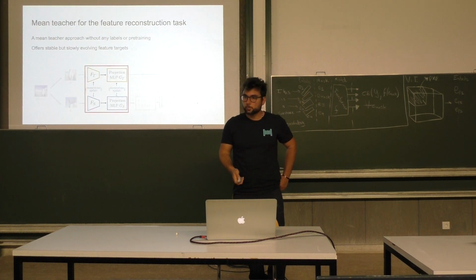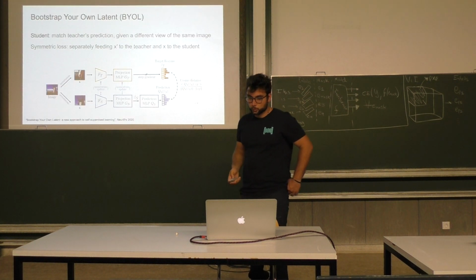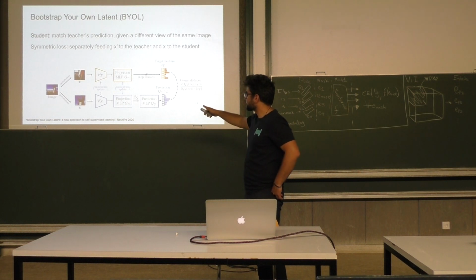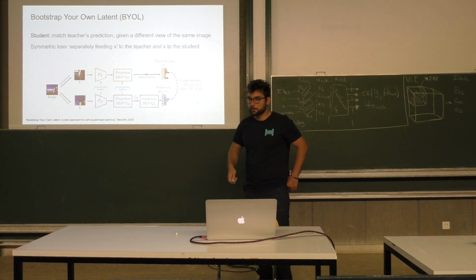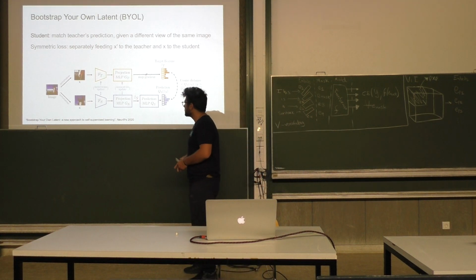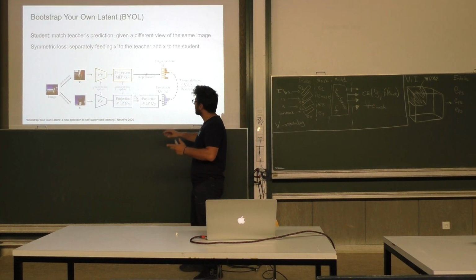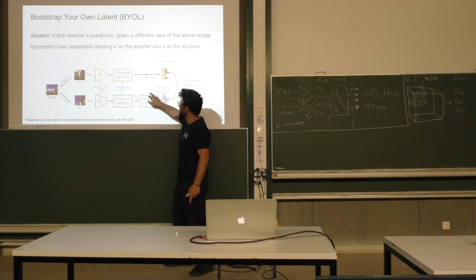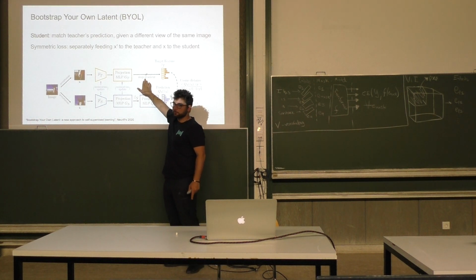And why is the second MLP on the student side? We'll talk about that. The short answer is that if you remove this component, this stop gradient, and you enable gradients here, this will collapse.